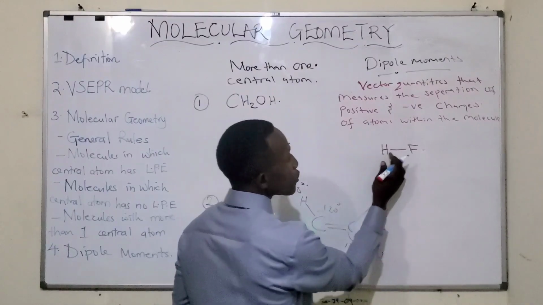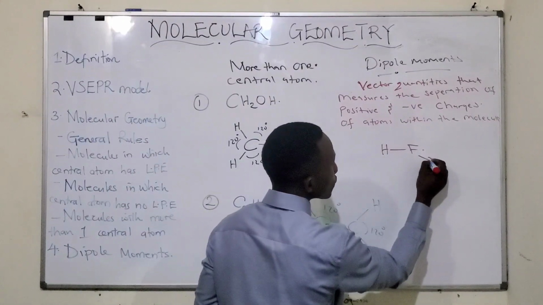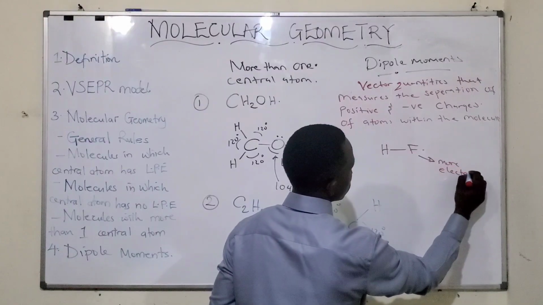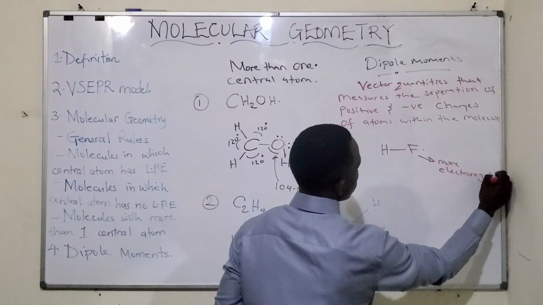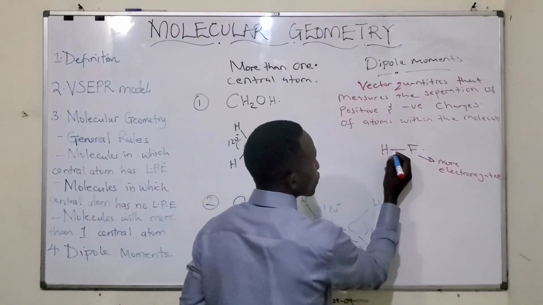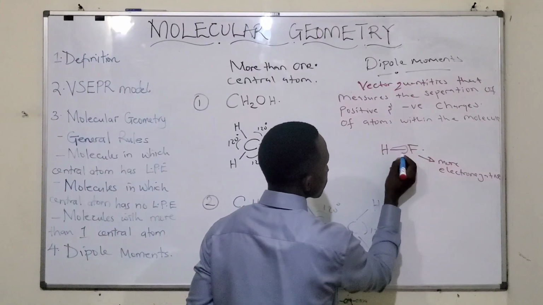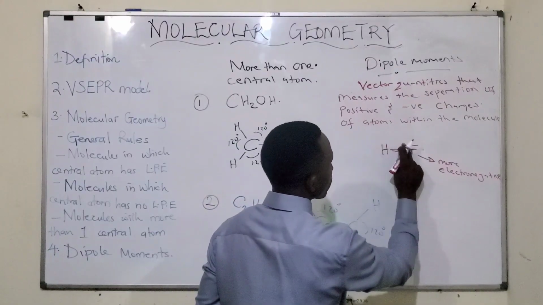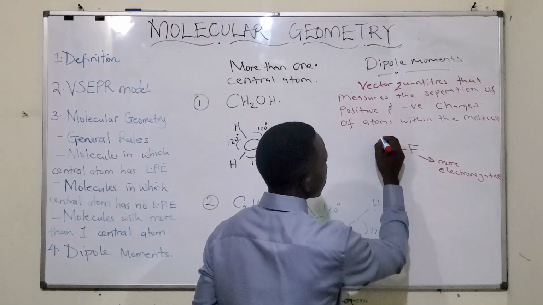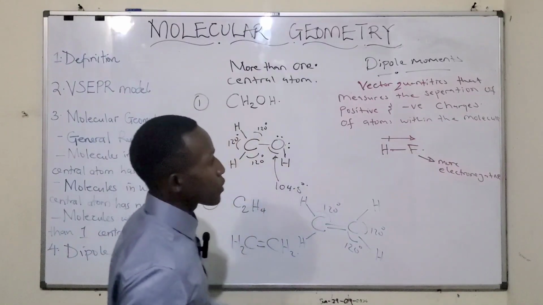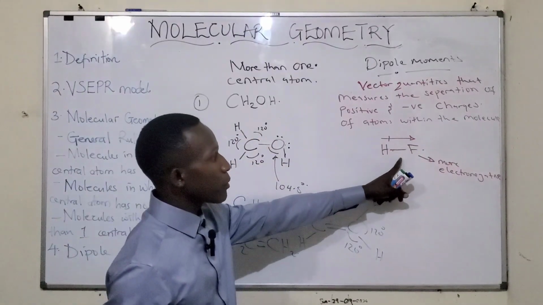The electrons are shared, but since fluorine is more electronegative and hydrogen is less electronegative, the electrons will spend more time in the vicinity of the fluorine atom. So we represent the dipole moment like this, with a crossed arrow.